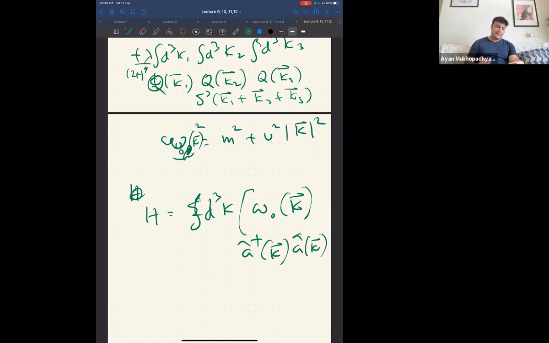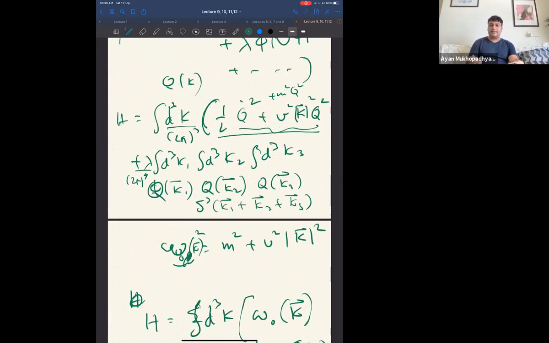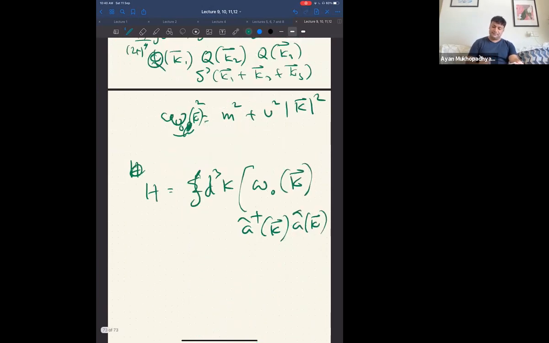If I take this particular term and write it in terms of this, it is essentially p squared by 2 plus x squared by something. If I use appropriate normalizations where I can absorb the m or something, I leave it to you to figure it out. This is not that hard. You can always define a dagger. I will show you explicitly later. It's very easy to see, because each k mode is independent, right? For each k, you can quantize, you can just simply write it as some a dagger a k, right?